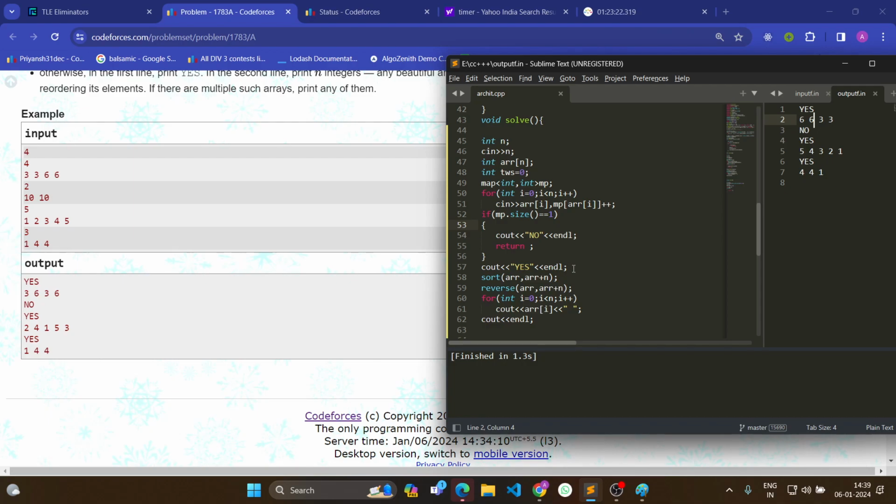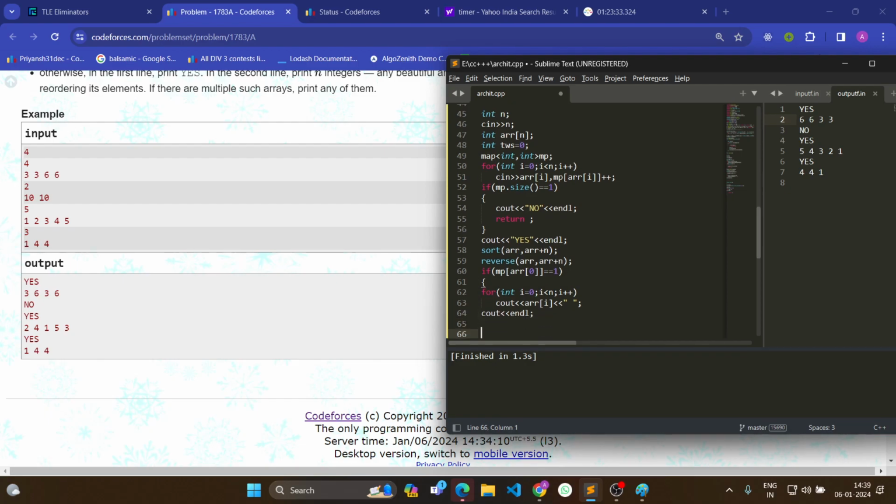Yeah, this is true when mp dot size is 1. If mp of ar of 0 is equal to 1, in that case this is true.